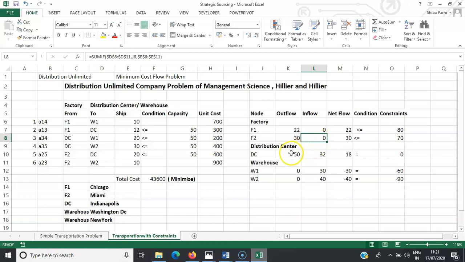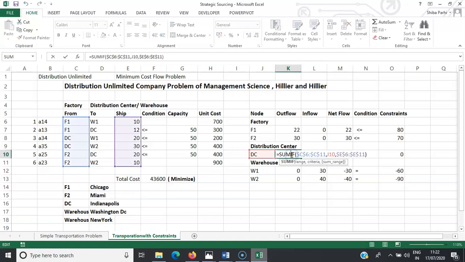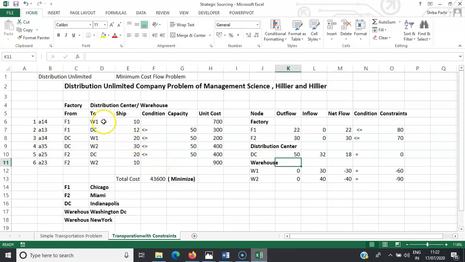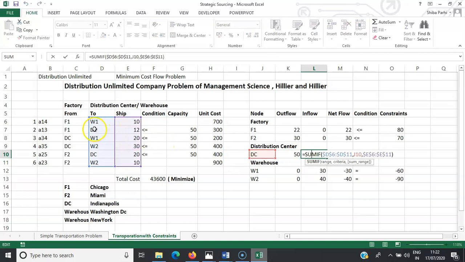Let us use the distribution center, the material it is receiving as well as what it is supplying. So the outflow that it is supplying, the material getting transported from DC, you can see 20 and 30, it is 50, and the material that is getting received, if you see here, this is receiving 12 plus 20, 32.